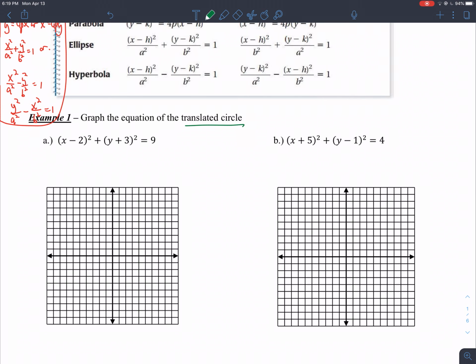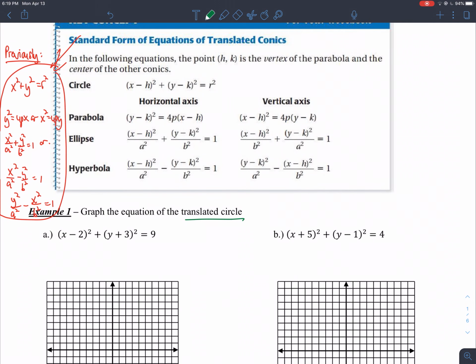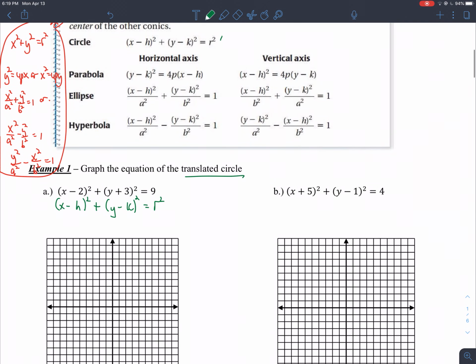So you say to yourself, okay, this is (x minus h) squared plus (y minus k) squared equals r squared. So knowing the formula helps me immediately to know the features of this conic section. So I know that h must be 2, and (h, k) is the center.